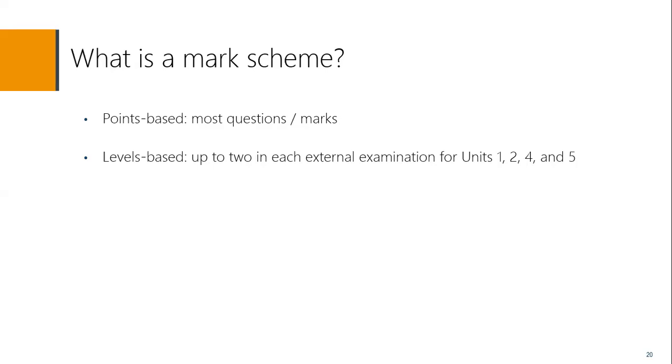We're going to move on to look at what a mark scheme actually is. The mark scheme describes how a paper is to be marked, and it's quite precise, and it's produced at the same time as the paper. However, it is adjusted after the candidates have sat the exam to take account of the sort of responses candidates are producing.